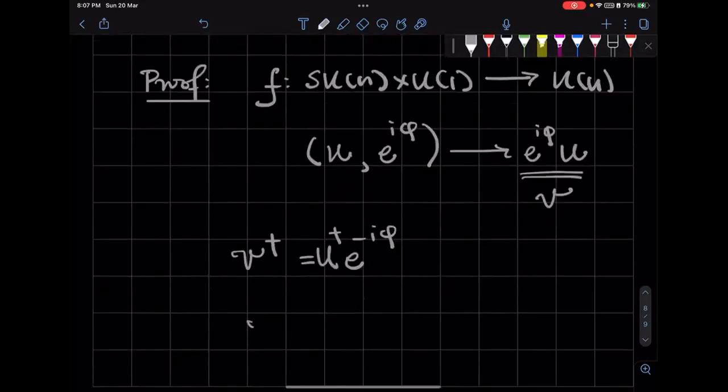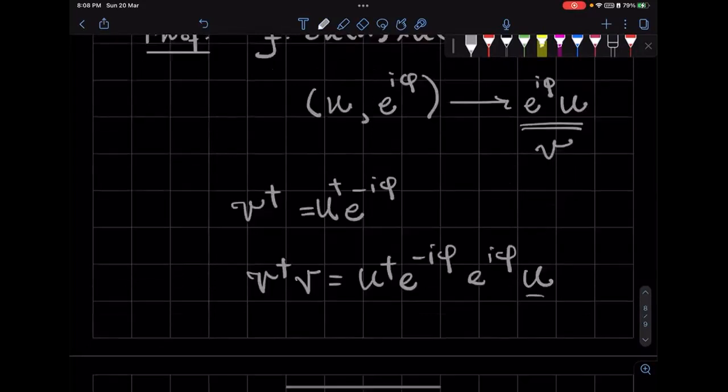So V dagger V is U dagger e to the power minus i phi times e to the power i phi U. Because U is unitary and these are just phases, we have 1.